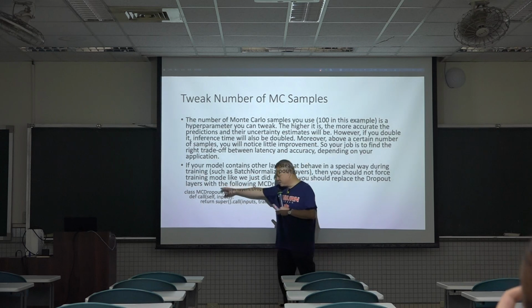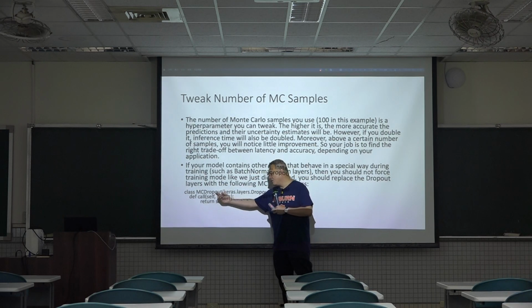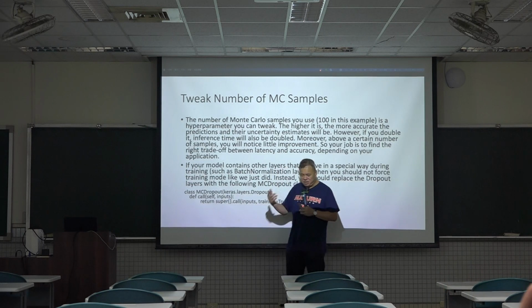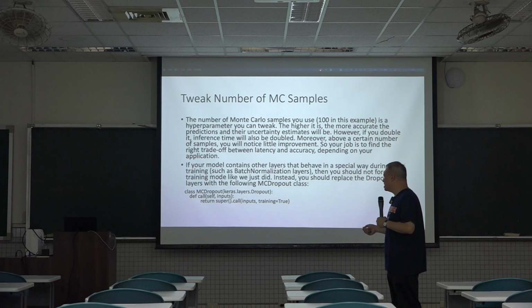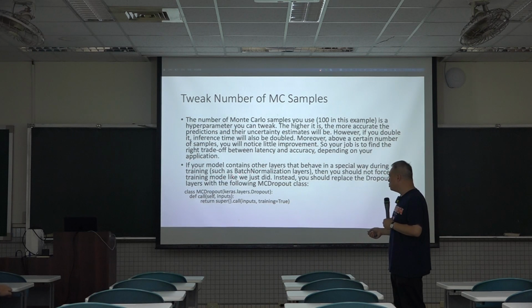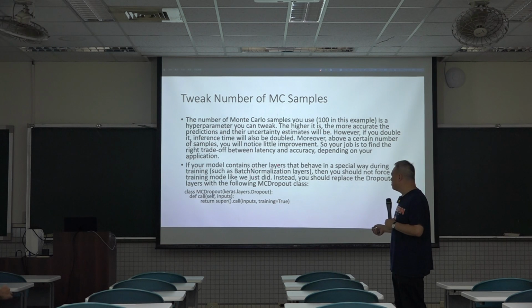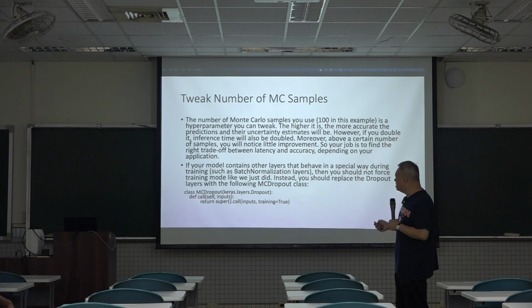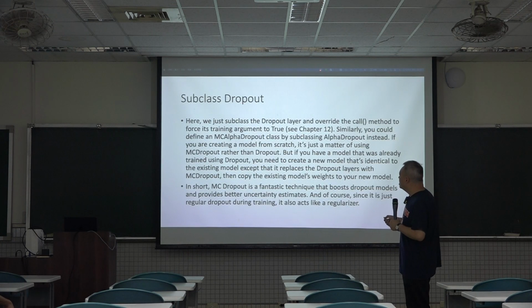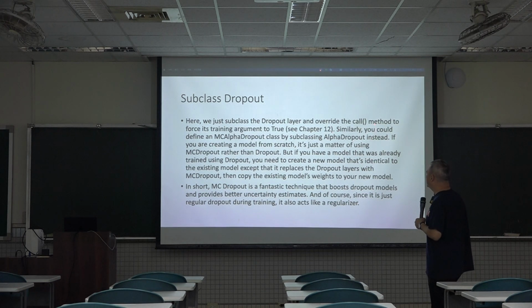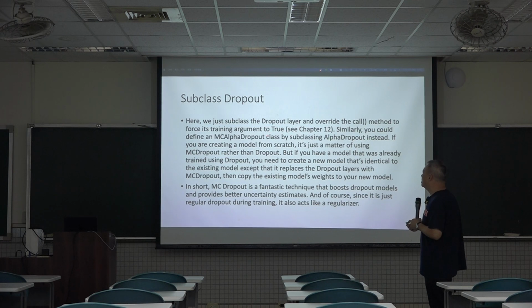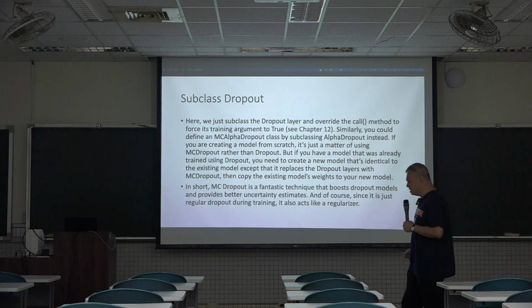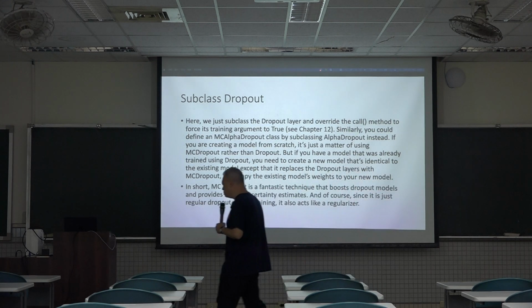We just subclass the dropout layer and override the call method to force its training argument to true, so we don't need to set training to true when we do MC dropout.